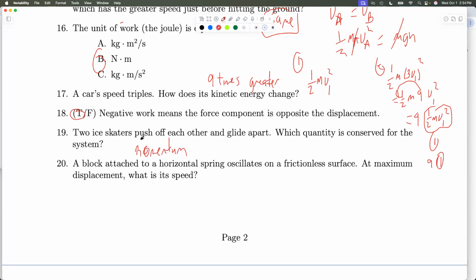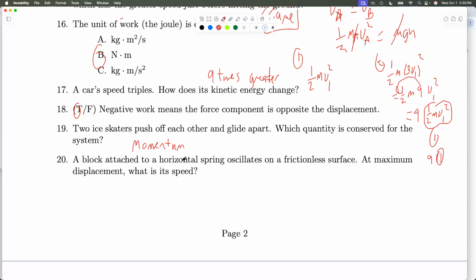Energy is not a vector. All right, that one true? So they started with 0 momentum. They're going to end with 0 momentum, because one will have positive and the other will have negative momentum. They would have to be the same in magnitude.